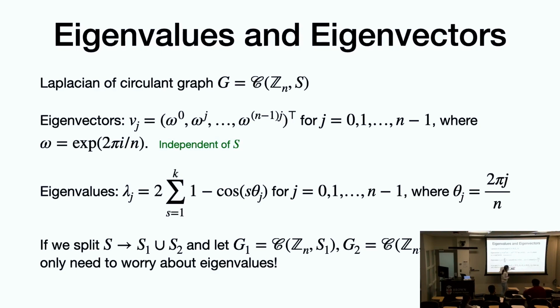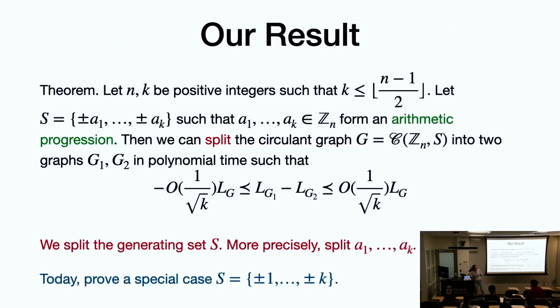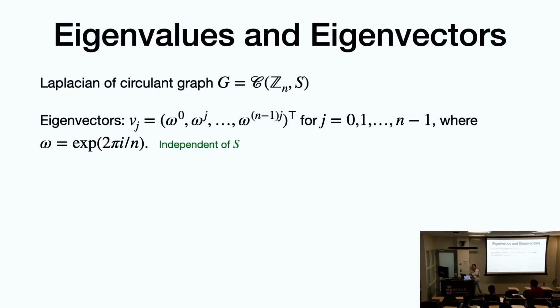Since all the graphs G1, G2, and G have n vertices, the eigenvectors of the Laplacians LG1, LG2, and LG are the same. And since we want this bound, we only need to worry about the eigenvalues. And this significantly simplifies the algorithm.